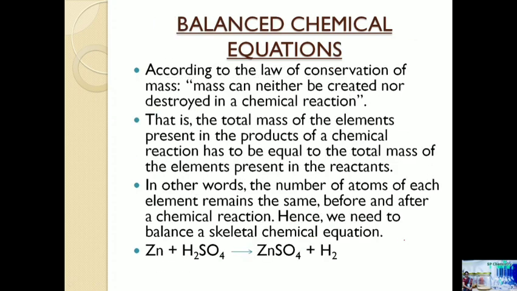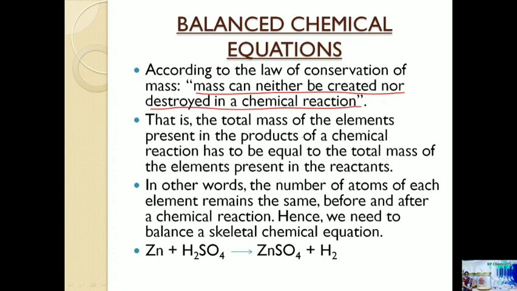So what are balanced chemical equations? As we have already studied earlier, according to the law of conservation of mass, mass can neither be created nor be destroyed in a chemical reaction. All the chemical reactions follow the law of conservation of mass.